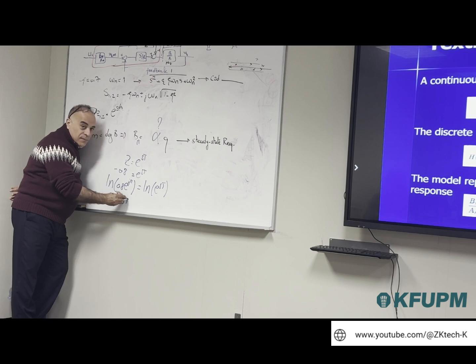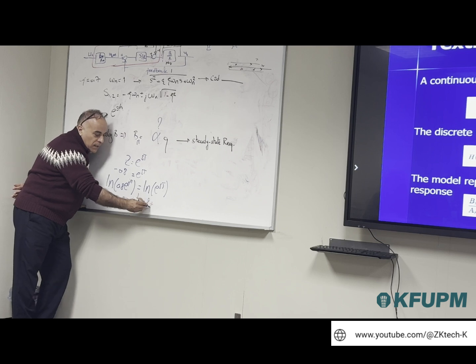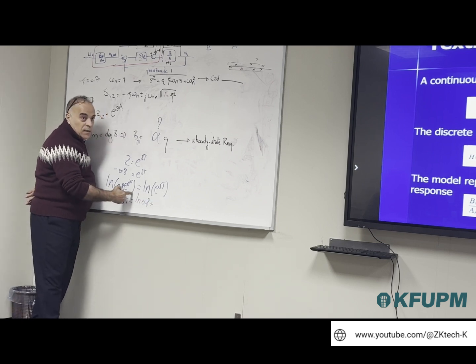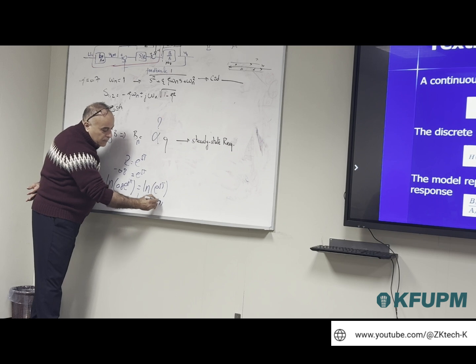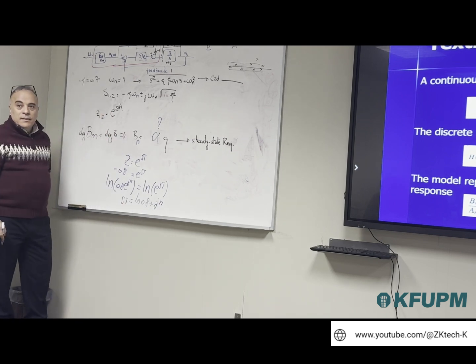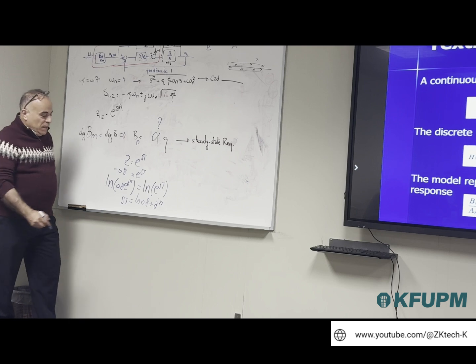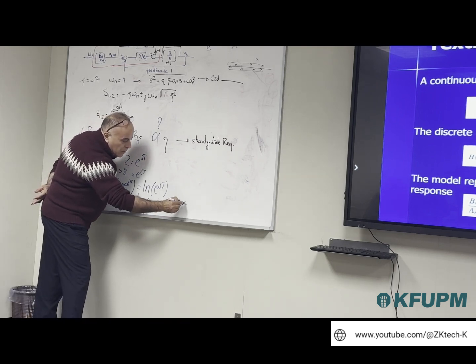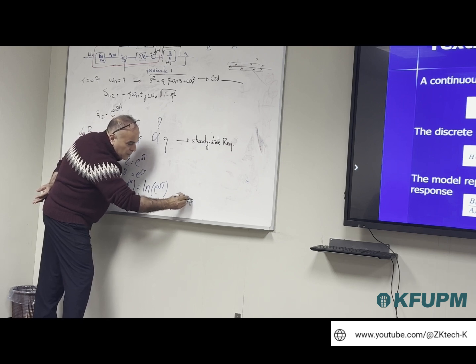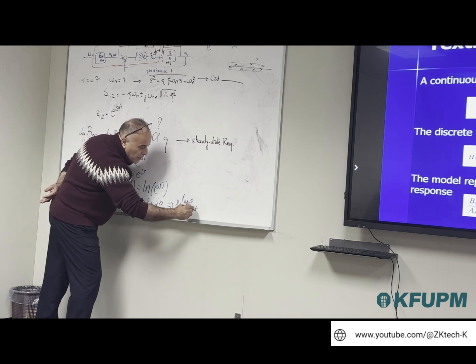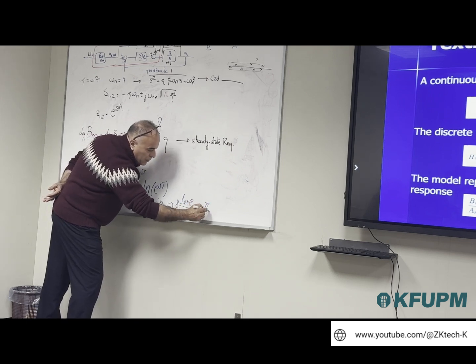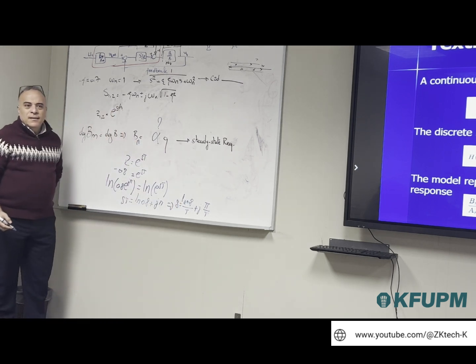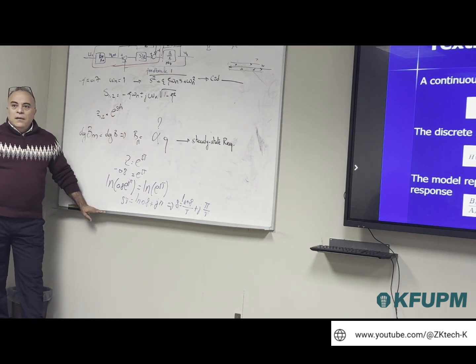S capital T is equal to ln 0.8 plus j pi, which means that your S is equal to ln of 0.8 divided by capital T plus j pi over T. We agree with this?